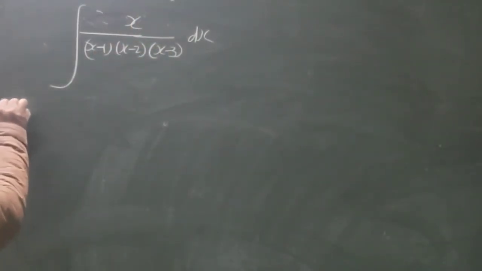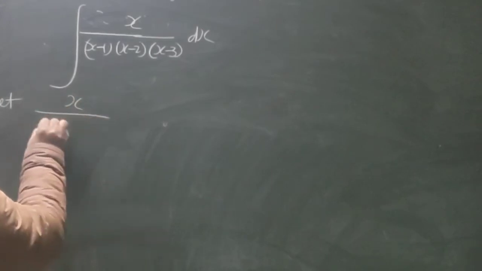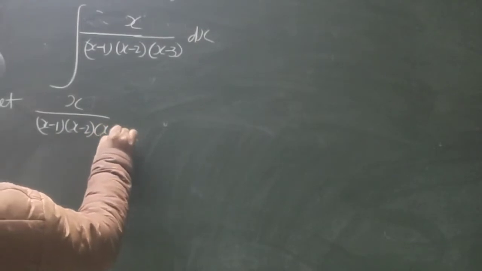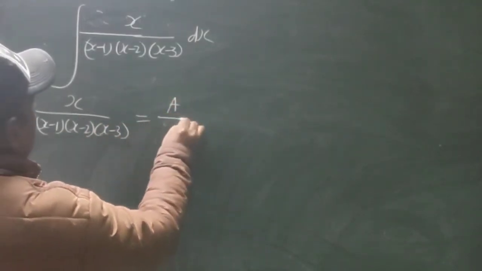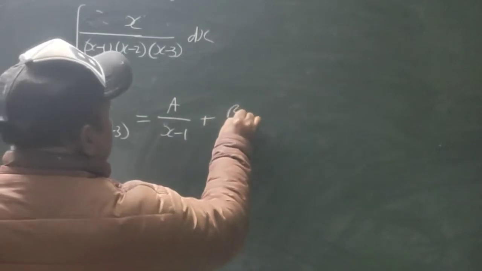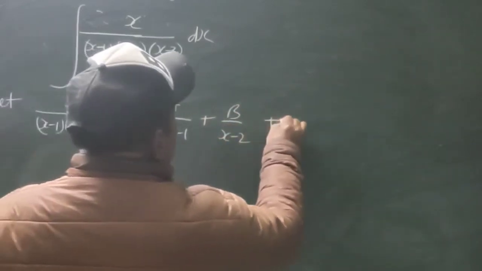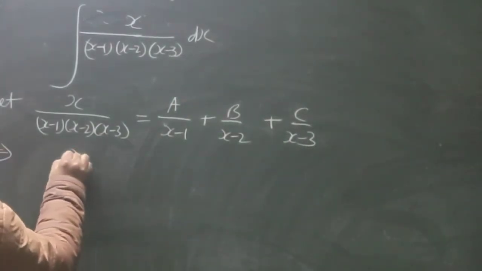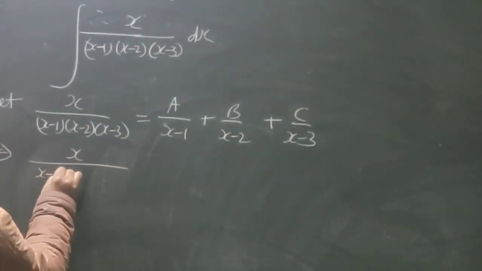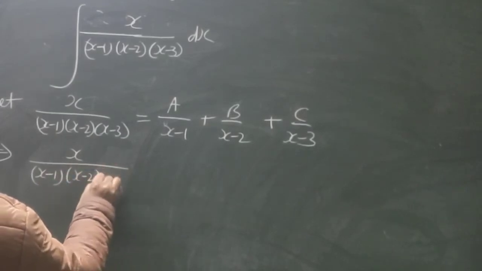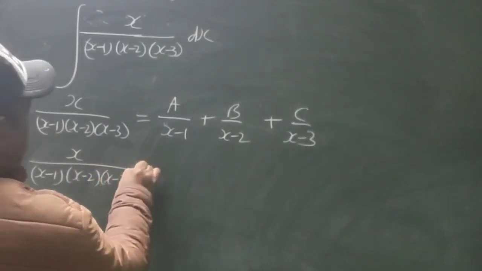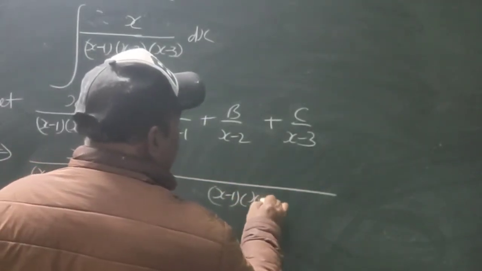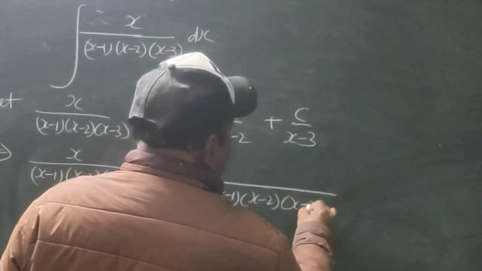So let x upon x minus 1 into x minus 2 into x minus 3 is equal to A upon x minus 1 plus B upon x minus 2 plus C upon x minus 3. This implies x upon x minus 1 into x minus 2 into x minus 3 equals, taking LCM on the right hand side, x minus 1, x minus 2 into x minus 3.